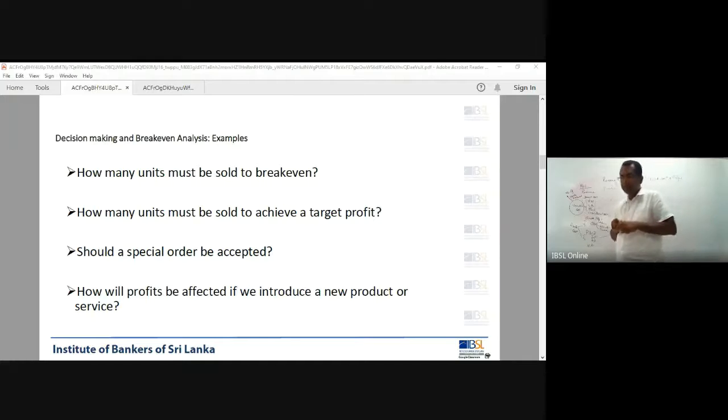You need to incur them whether you sell or not. You have to pay your security even if your factory is closed. You can't say to the bank, my factory is closed, I'm not paying you interest. So these are fixed costs. Whether you like it or not, you need to incur this cost if you have a factory.